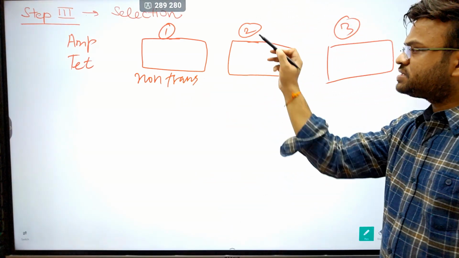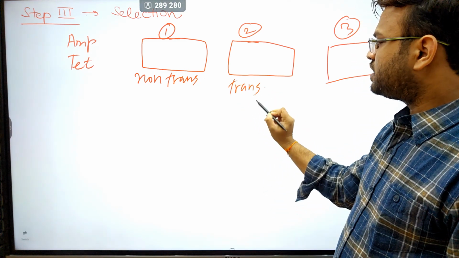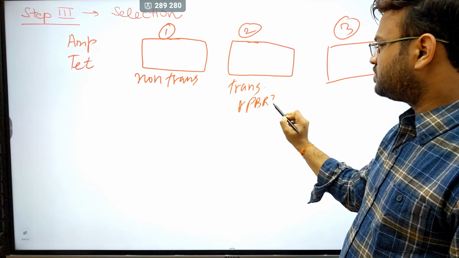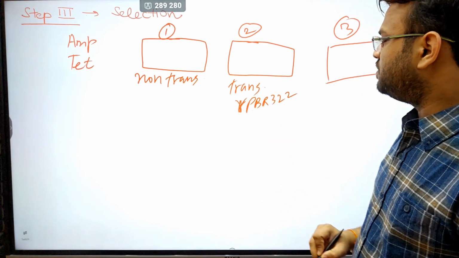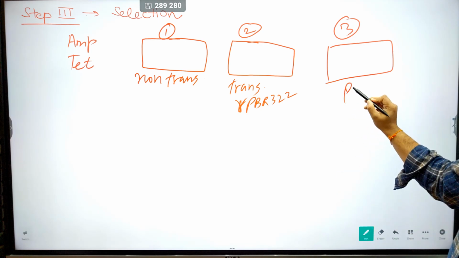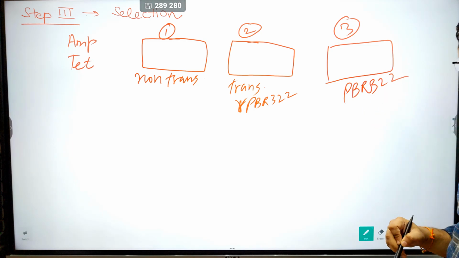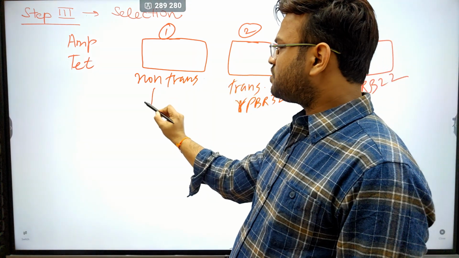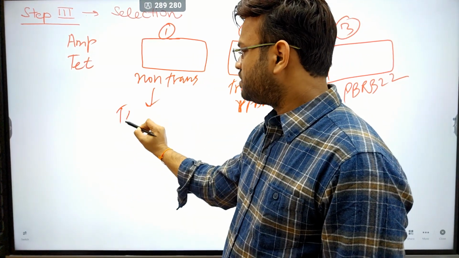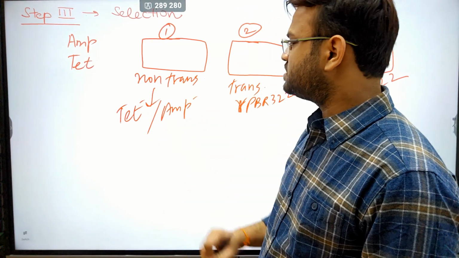What about the second one? This second one has been transformed with recombinant pBR322. The third one has been transformed with normal pBR322. So if this is non-transformed, obviously this particular bacteria does not have any gene related to tetracycline resistance and it does not have any gene related to ampicillin resistance.